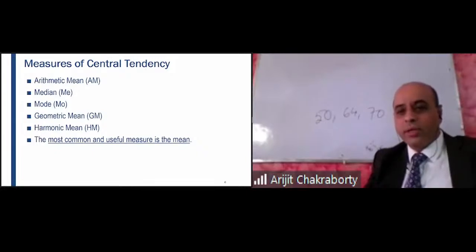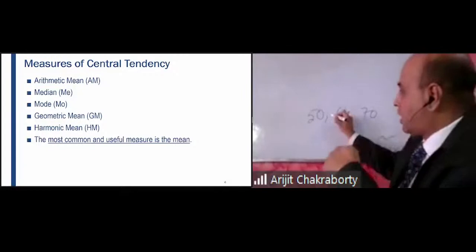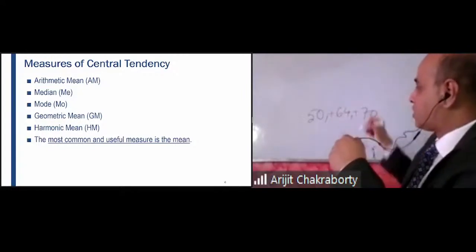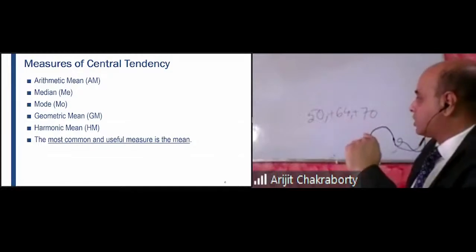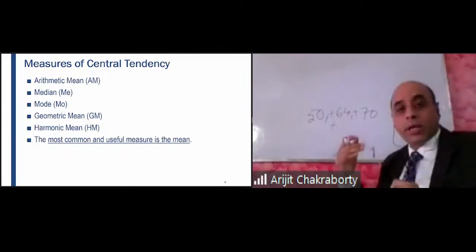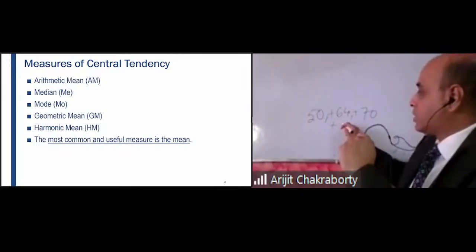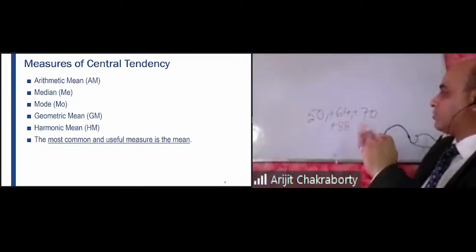To find the average score, the arithmetic mean, we just add 50 plus 64 plus 70. Okay, let me have one more. Say there is another person who has got very good marks, say 88. So we have 50, 64, 70, and 88.